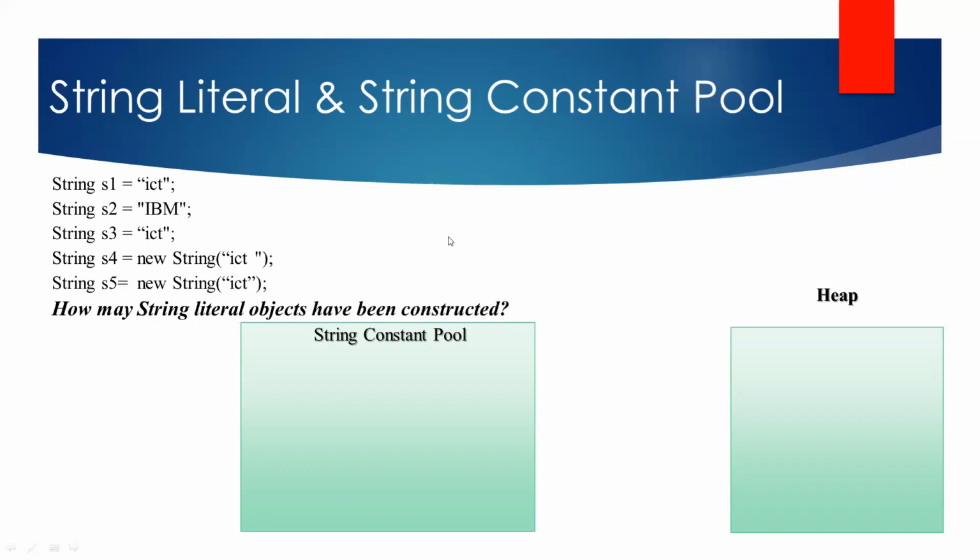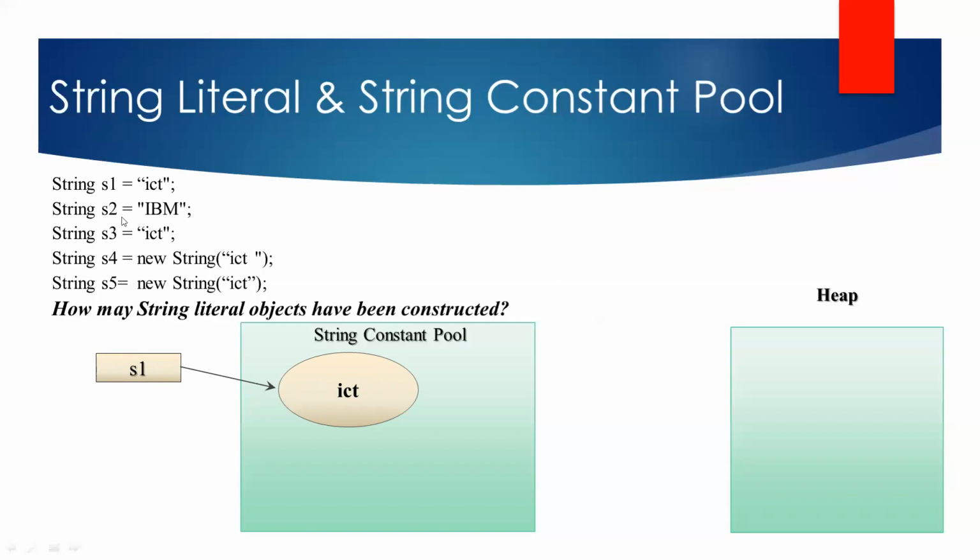As you can see, this object is created with the help of a string literal. As we have seen, if we create any object with a string literal, then it will be put into the string constant pool. So simple, this will be created in the string constant pool. I hope this is now clear.